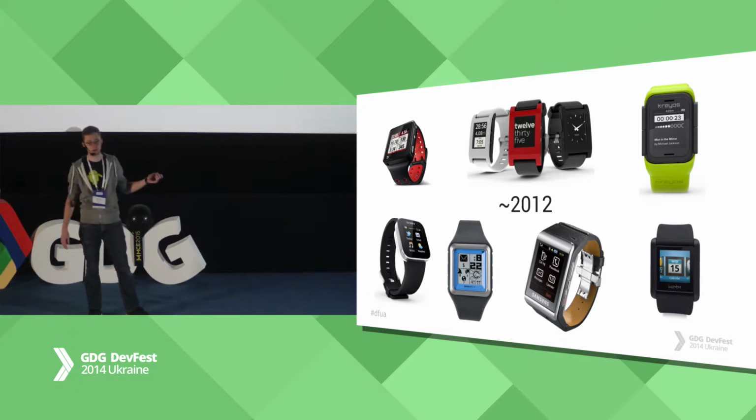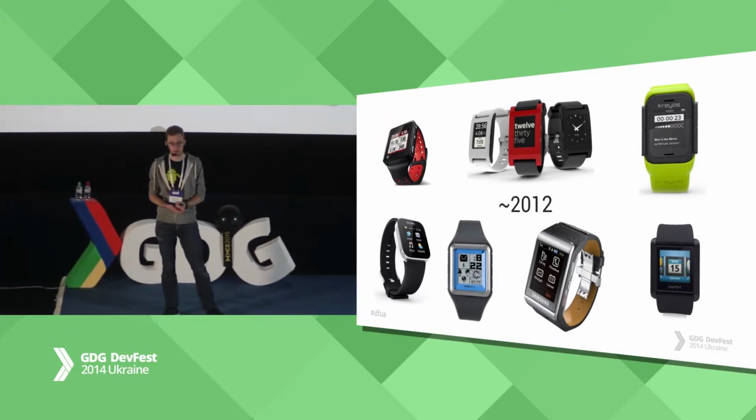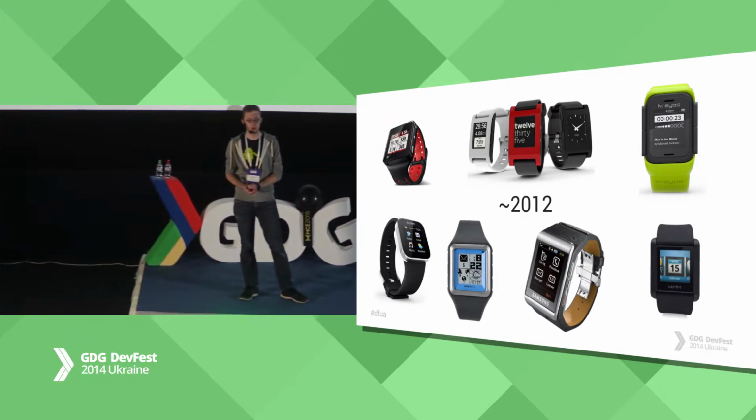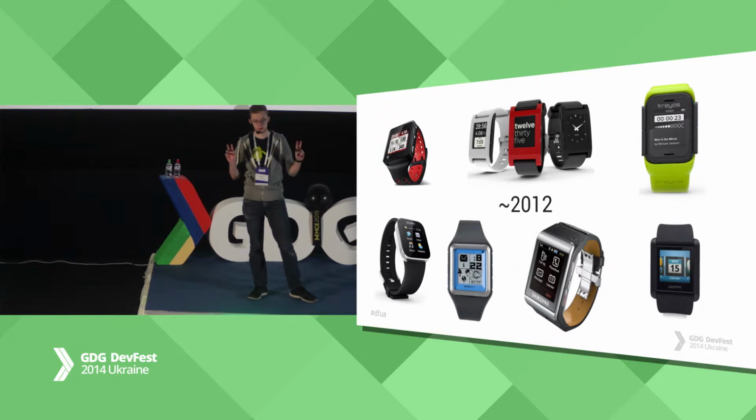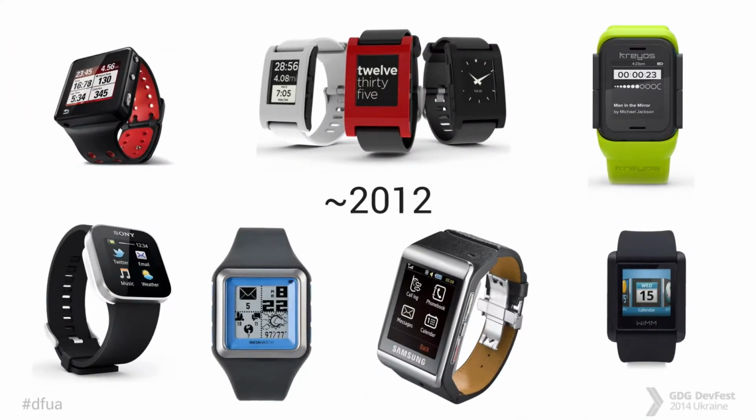For example, Samsung had a bunch of smartwatches, and each of them was very different from the others. And it's not the best case for users, because they don't know what to expect from the name smartwatch. If somebody tells them, I have a smartwatch, or there is a cool app for a smartwatch, they don't know what to expect from that device that their friend has.